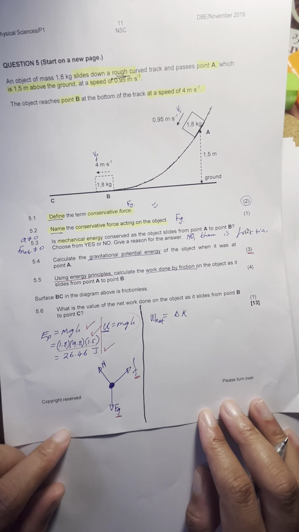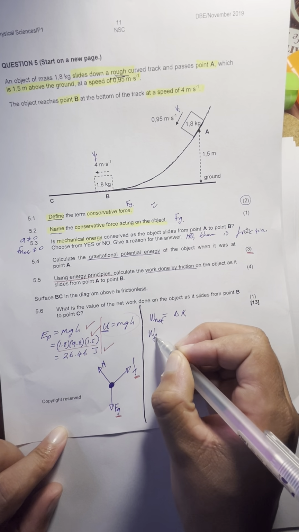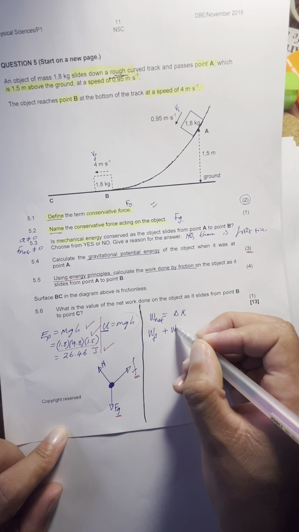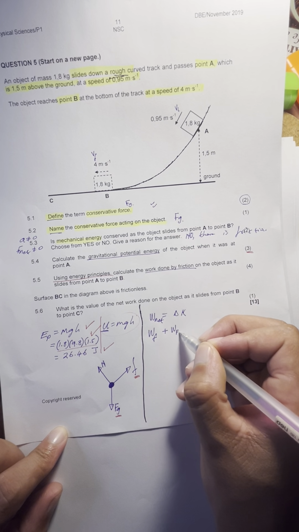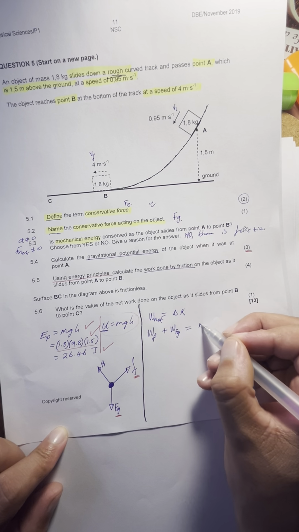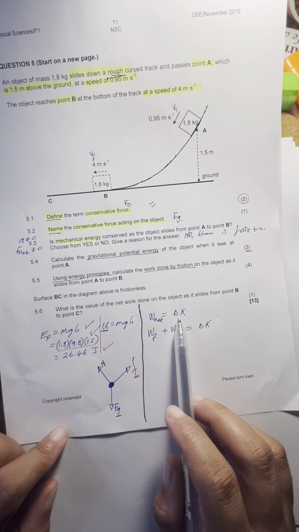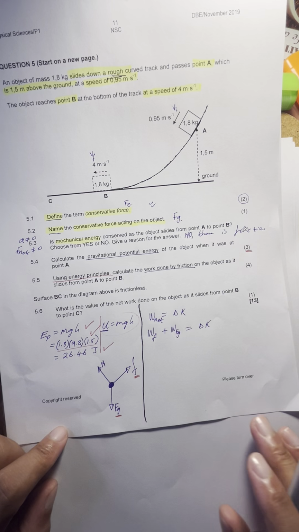Work done by all the forces equals the change in kinetic energy, and this will be work done by frictional force plus work done by weight. Let's just write it as it is. This equals the change in kinetic energy. Also remember, for change in kinetic energy, we can use change in EK or just change in K. Any one that you choose.